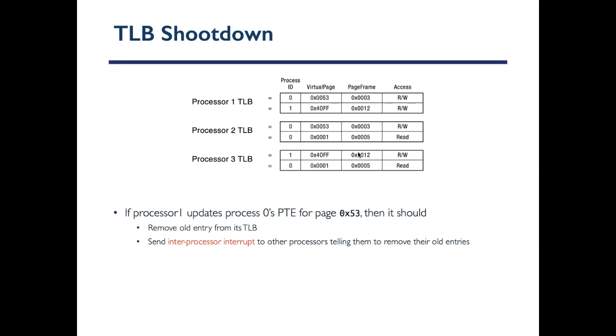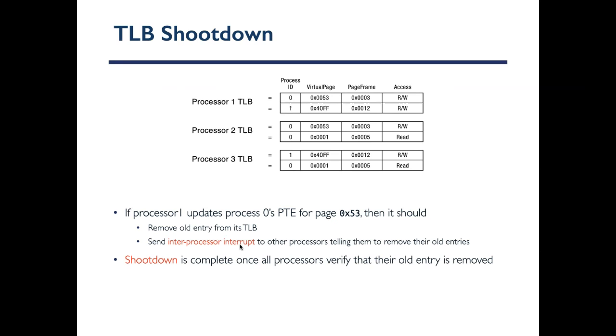So if you change it now on one processor, you have to make sure that all the other processors also get this update. The way to do it is to send them inter-processor interrupts. You send them a message and ask them to remove their TLB entries, and you wait for all of them to acknowledge before you can move on.